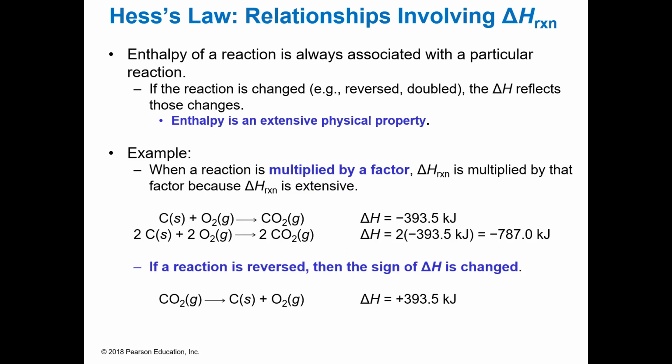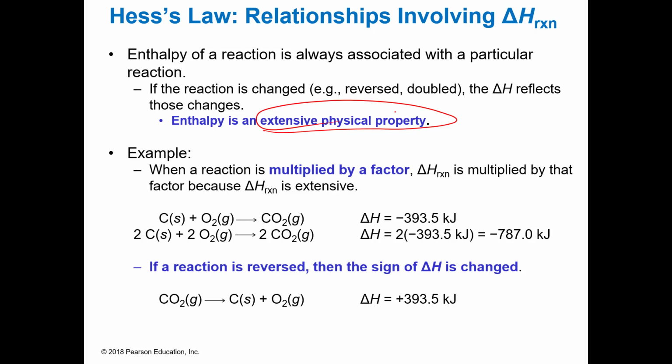All right, the second part of this we're going to do is Hess's Law. Love Hess's Law. I like things that follow rules, just me. The enthalpy of a reaction is always associated with a particular reaction. What I'm saying is that the enthalpy is an extensive physical property, so it depends on how much you have.